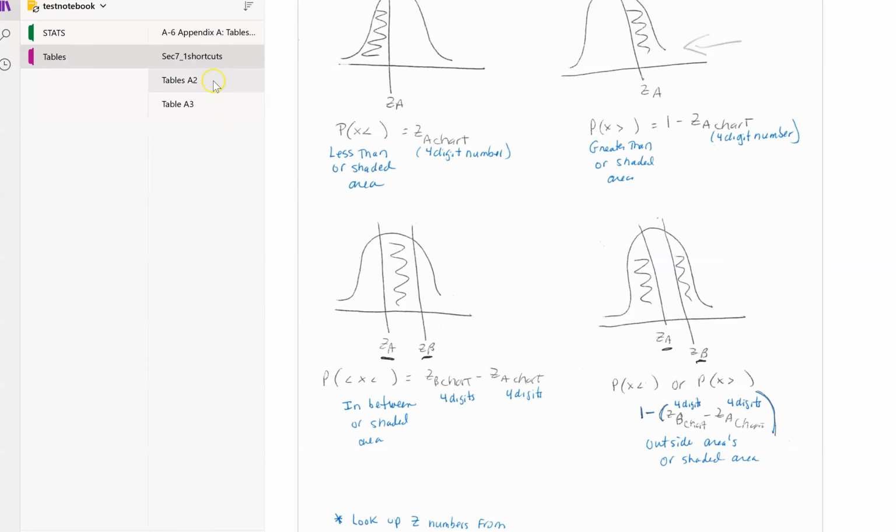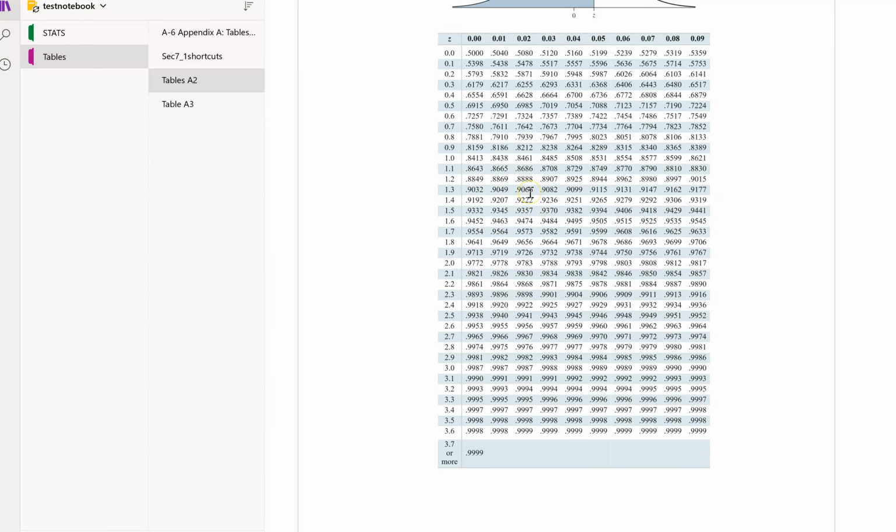So if we go back to our table and I search for 0.9800, it looks like it's here or here. This is 0.9798 and this is 0.9803. The 98 is only 2 away, the 03 is 3 away, so I would choose this one here.